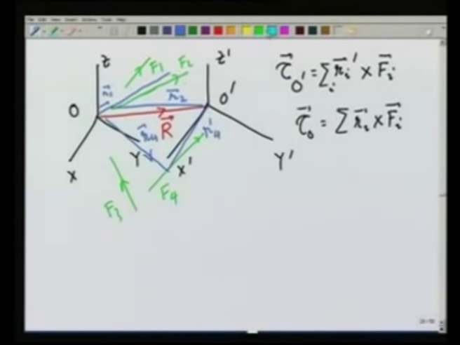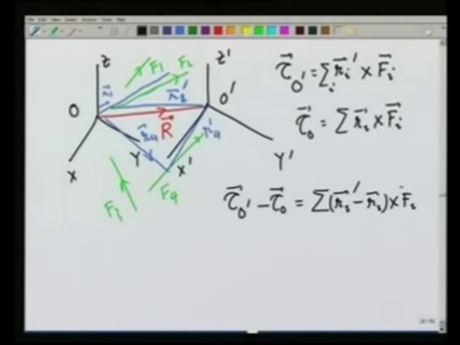Sorry, this should be R1 prime. So, if I now take the difference between tau O prime minus tau O, this is going to be equal to summation (R_i prime minus R_i) cross F_i.